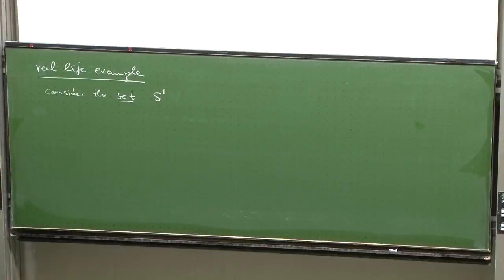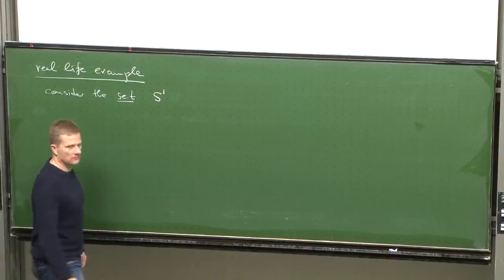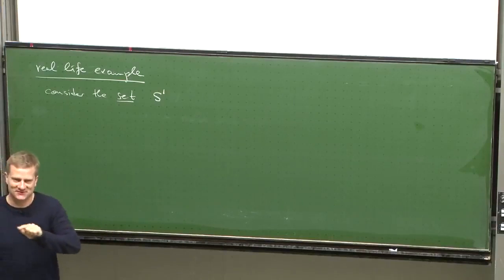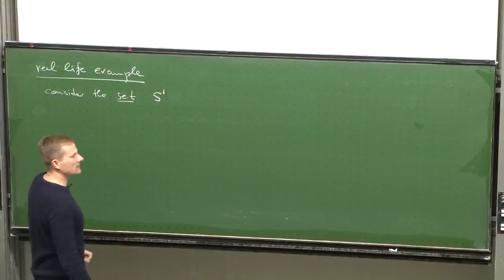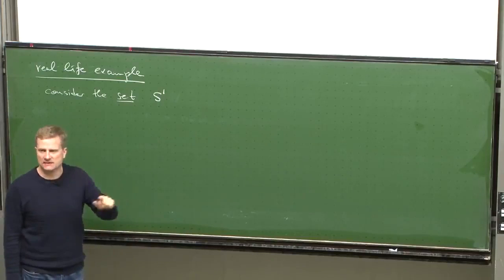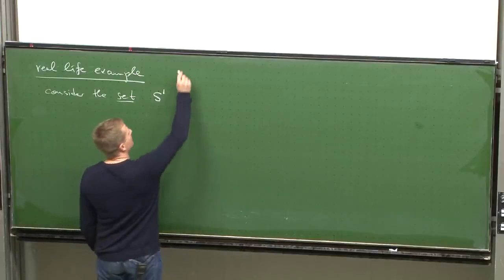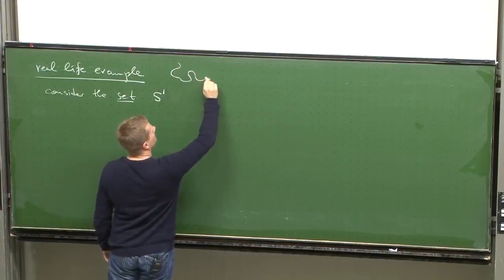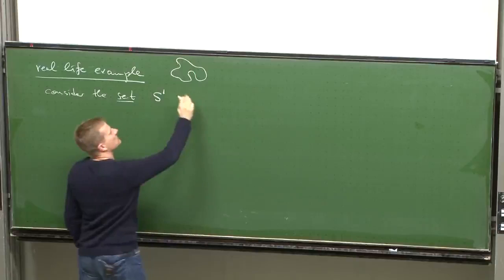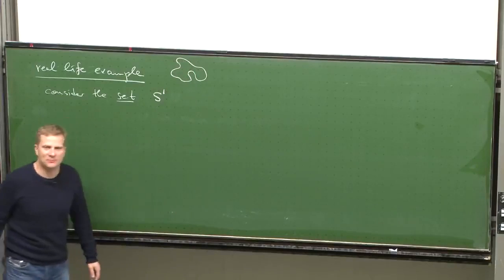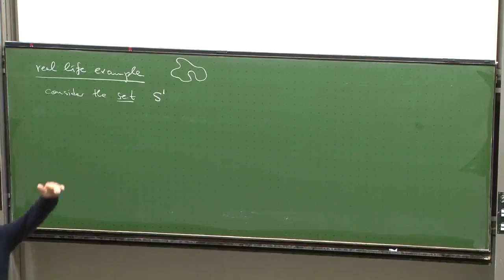The set S1 is the circle. You all know what the circle is, okay? But I only think of the circle here as a set. So as a set, this is a circle, right? It has no shape.